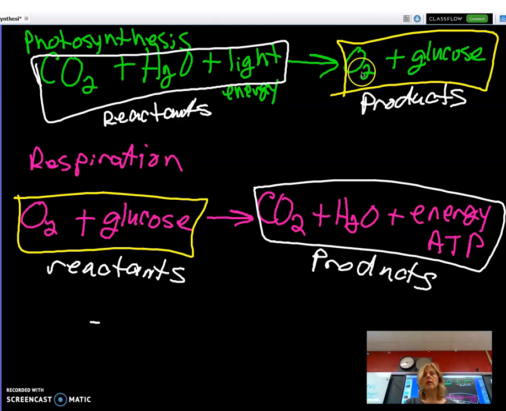And then the products are oxygen, or O2, and then glucose, C6H12O6 is the formula for that. But in respiration, which is all about breaking down food for energy, it's really the flip side.